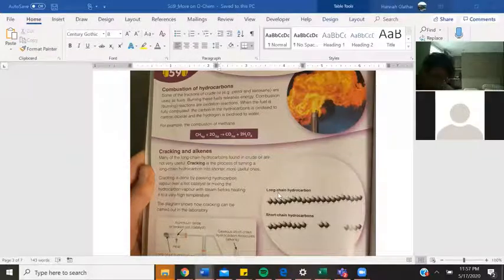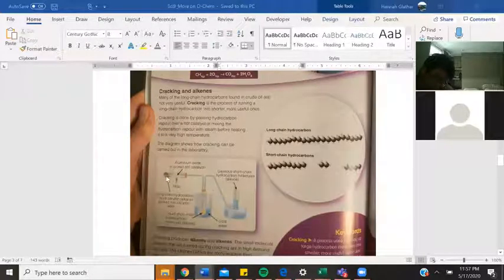A way that they do this is by putting some of those long chain ones here, and they add a catalyst. When they heat it, it evaporates, and some of it will come down to the bottom of the tube. Because the tube is sitting in cold water, some of it will condense and become a liquid. Those are some of the alkane hydrocarbons.